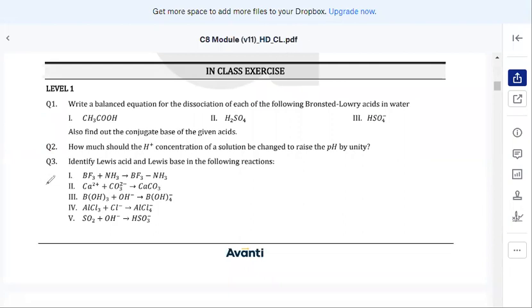Okay, now question number 3. All of you just tell me, identify the Lewis acid and Lewis base. First one, tell me which is acid and which is base.